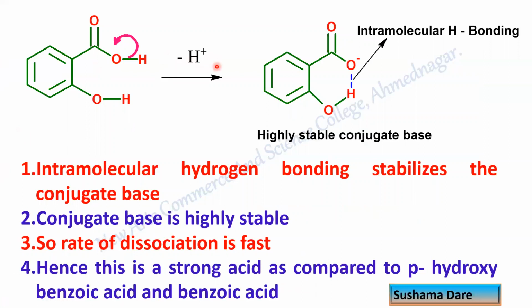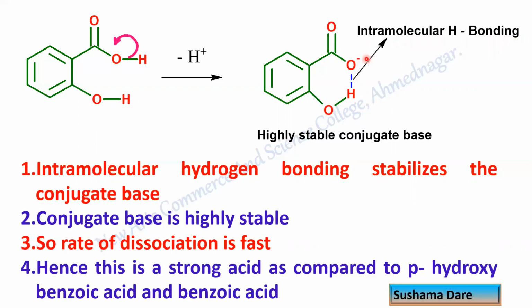After dissociation of H plus ion, the carboxylate ion that is generated forms a hydrogen bond with this proton which is attached to the oxygen atom. This type of hydrogen bonding, within the molecule, we call an intramolecular hydrogen bonding.